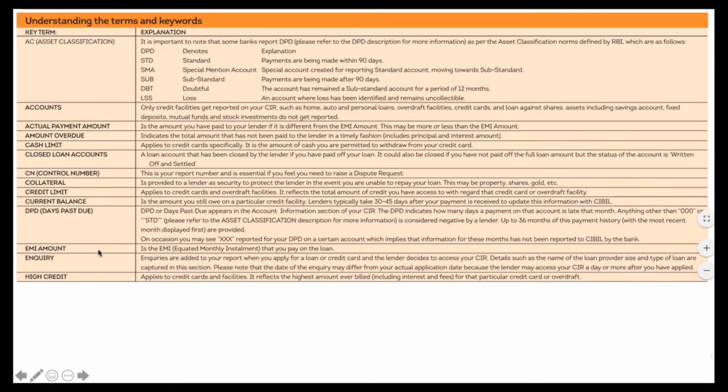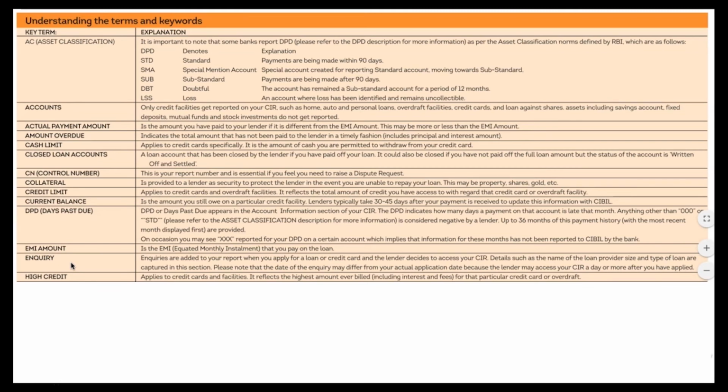Next, EMI amount. Yes, it's simple. It is nothing but the equated monthly installment. Then what you see is enquiry. That's what we discussed in 1 or 2 sessions back, right? So this enquiry section will get updated when you go and approach various banks for loan or credit card.